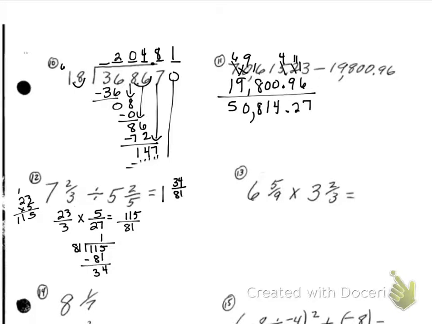Alright, next. 9 times 6 is 54, plus 5 is 59. So I have 59 over 9 times 11 over 3. And again, I'm not able to cross cancel, so I'm going to multiply straight across. So 649 over 27. And then let me go ahead and divide this out.